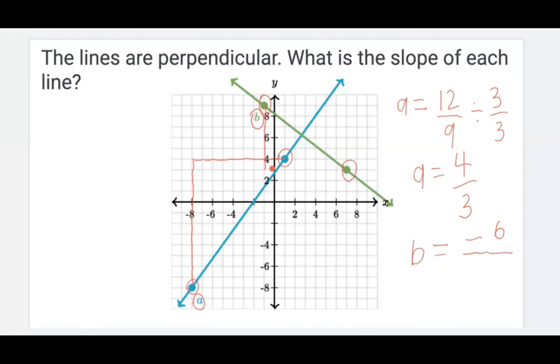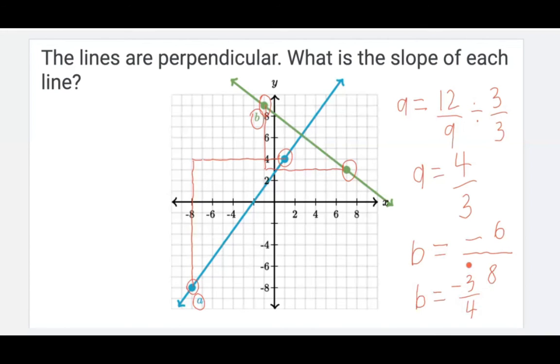For our horizontal change, we'll have 1, 2, 3, 4, 5, 6, 7, 8 units. You can reduce this by a factor of 2, and that would give you -3/4.